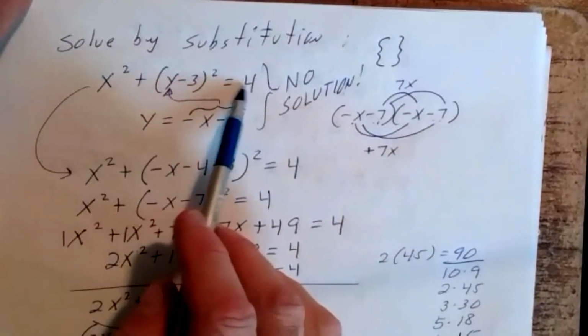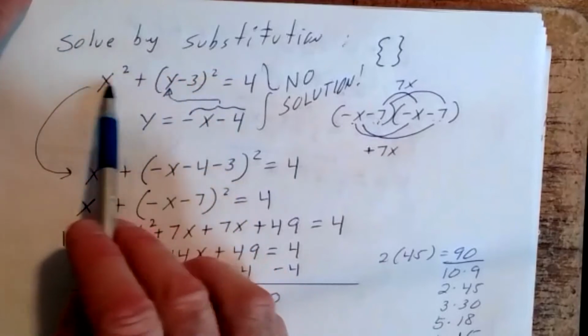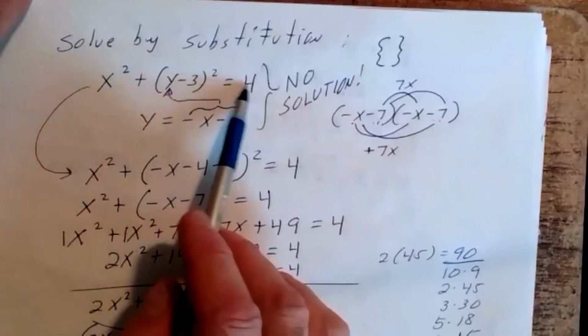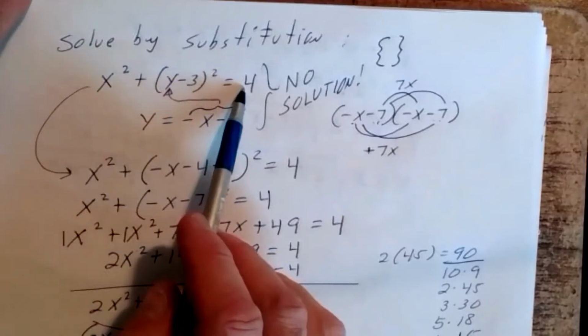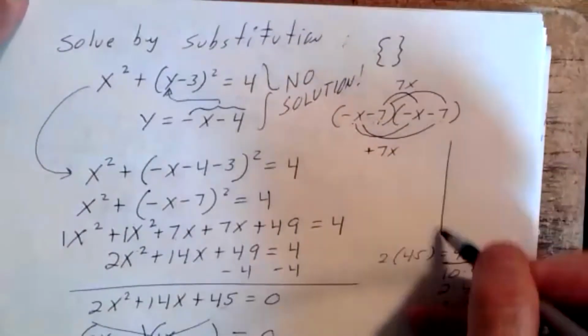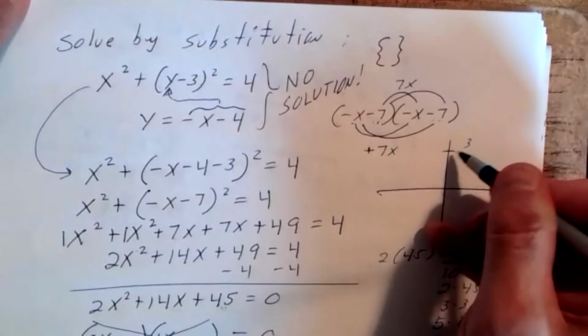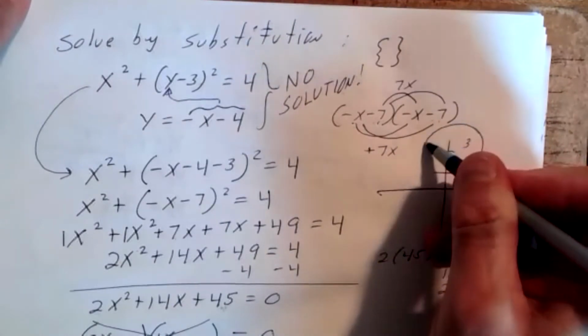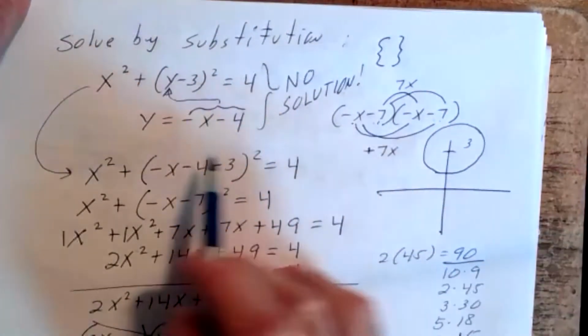Ladies and gentlemen, what do you think the graph of this equation is? Anybody want to take a wild guess? This is going to be a circle centered at (0, 3) with a radius of 2.